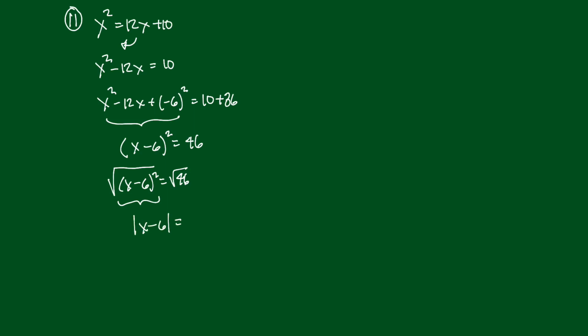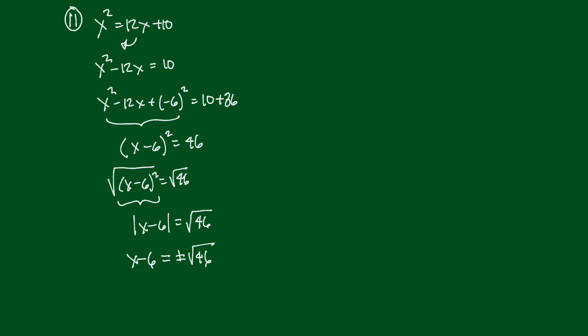Now, square root of 46, do you know any perfect squares that will go into this? Like 4, does 4 divide into 46? No. Does 9? No. Does 16? No. 25? No. So I think we're just stuck with that square root of 46. Now, remove the absolute value. This is when you get the plus or minus.